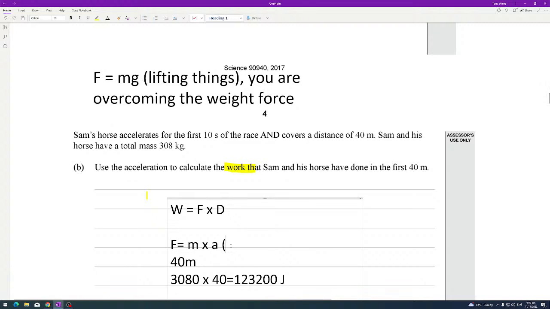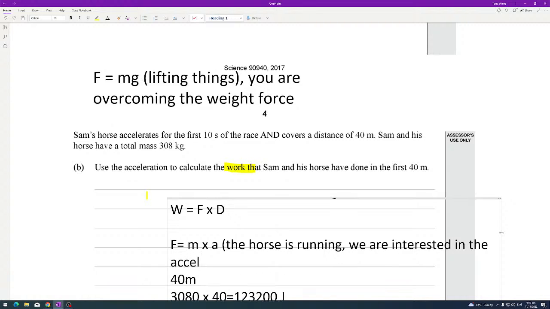We are interested in the acceleration. So we're interested in the running part. So how do we figure out ma?